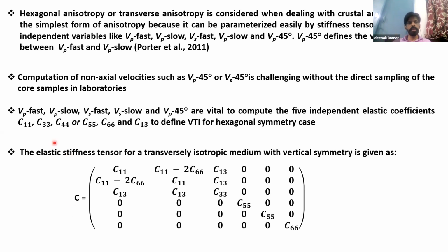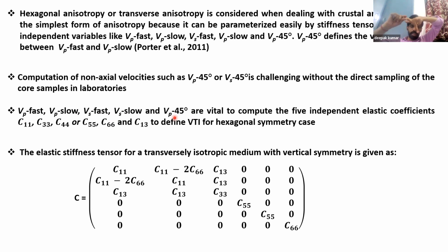It can be defined by fast P wave, slow P wave, fast S wave, slow S wave, and VP45. Now I have only 3 components, 2 horizontal and 1 vertical.